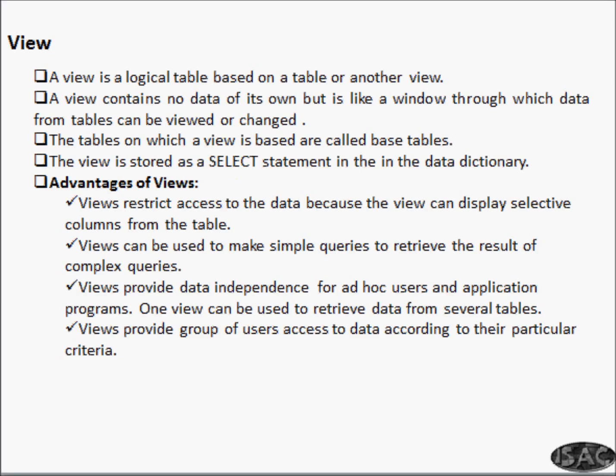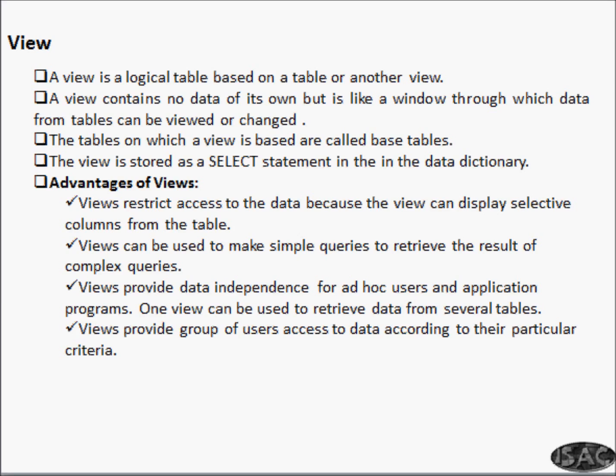So let us talk about views first. What is a view? I can say a view is a logical table, or a virtual table based on a table or another view. A view contains no data of its own, but is like a window through which data from tables can be viewed or changed.